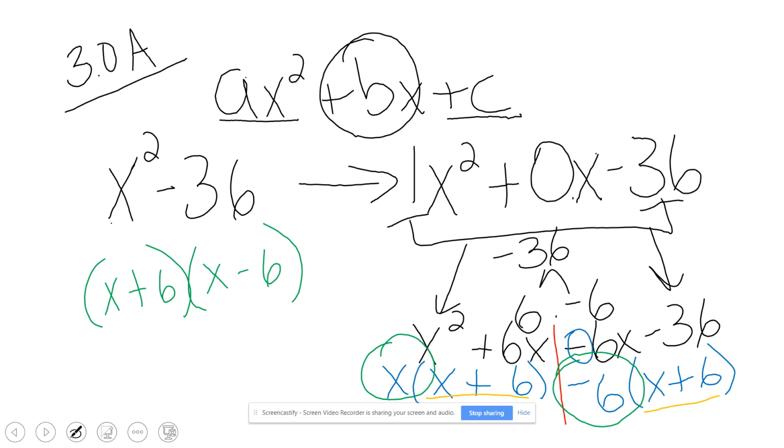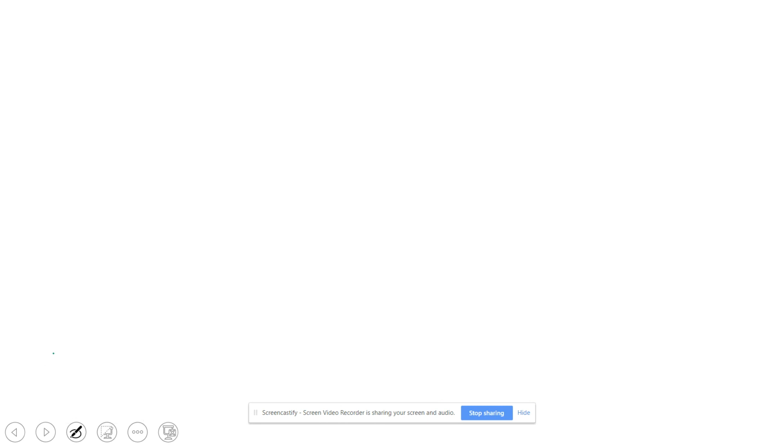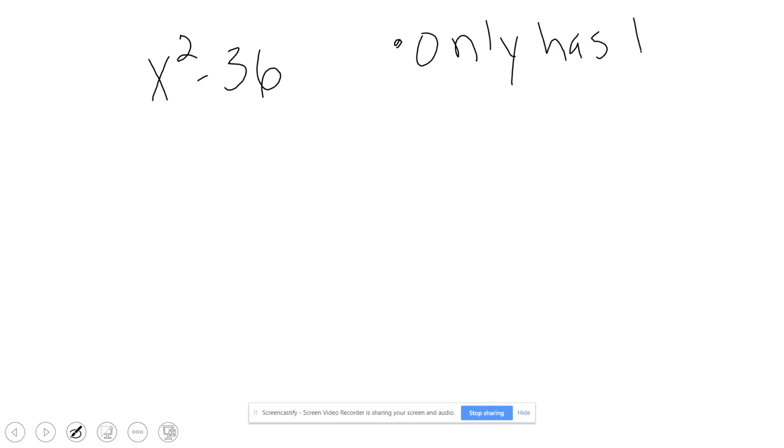So is there a shortcut to this? Of course there is. These two things are called a difference of perfect squares. A difference of perfect squares only has two terms.